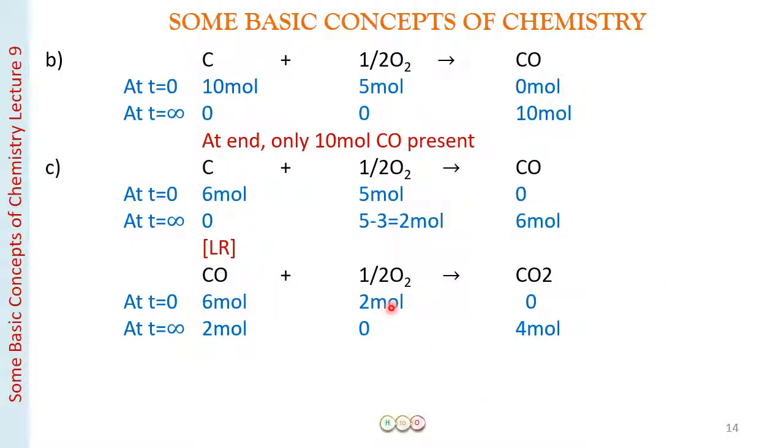Because we have 2 moles of oxygen, and this 2 moles of oxygen will combine with 4 moles of carbon monoxide. And we will be left behind with 2 moles of carbon monoxide. We will form 4 moles of carbon dioxide and nothing of the oxygen will be left. So finally, we will be left with 2 moles of carbon monoxide and 4 moles of carbon dioxide.